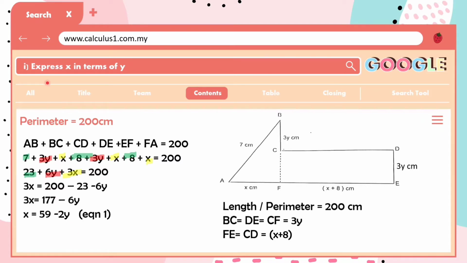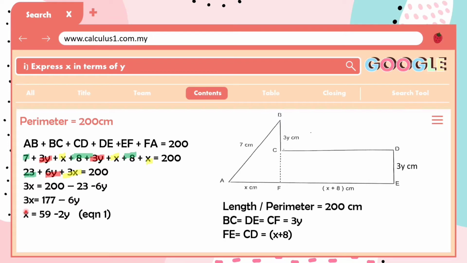We need to express x in terms of y. So the terms not containing x, we will move to the right hand side. We get 3x equals 200 minus 23 minus 6y. 200 subtract 23, we get 177 minus 6y.